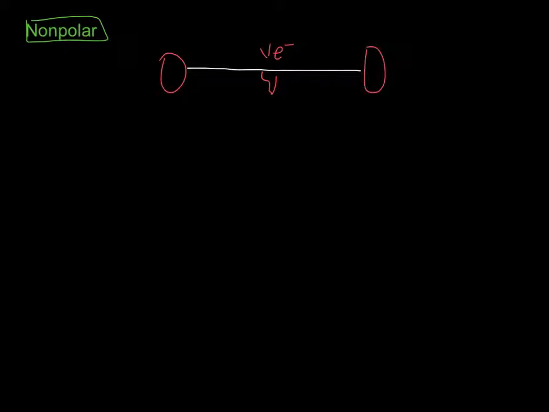And so there's not a positive or a negative charge on each side because the valence electrons stay in between equally, and they're equally shared. A good example of this is what you're breathing out right now, which is carbon dioxide.